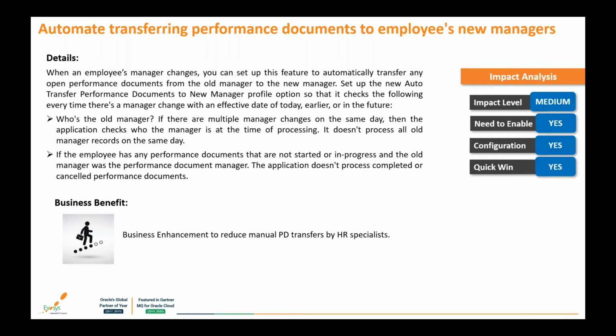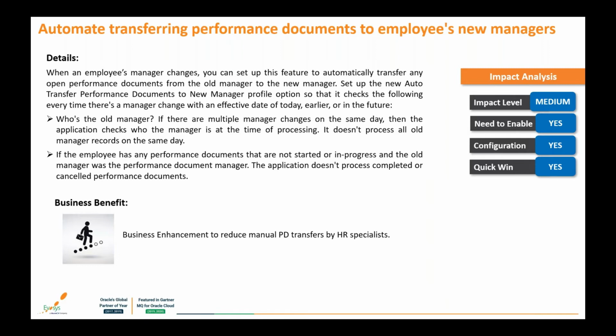Another consideration is if the performance document is cancelled or completed, then even if the manager change happens, and we run the process with the profile option enabled, the document will not get transferred automatically. So the prerequisite for this process to trigger the manager change automatically in the performance document is that the performance document should be in In Progress or Not Started status.